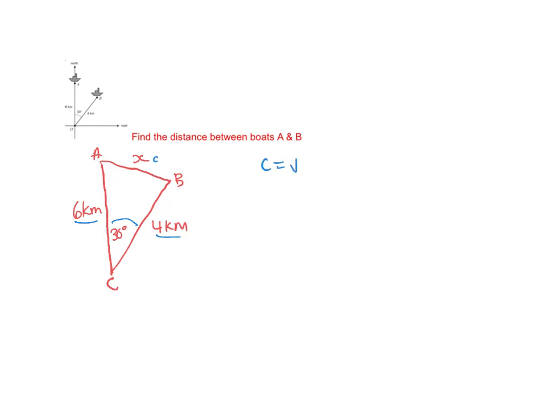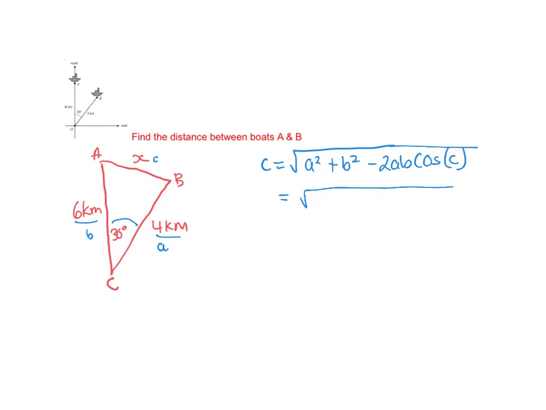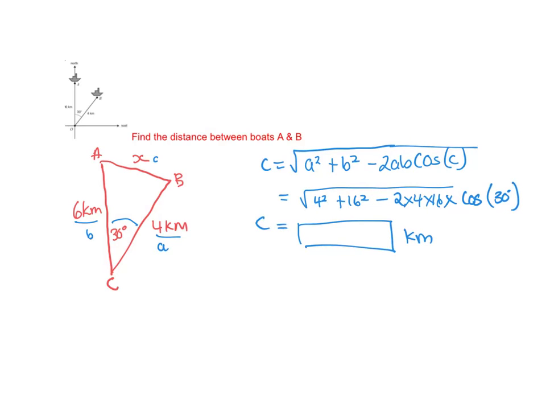So C equals the square root, go back and check your formula if you like, of a squared plus b squared minus 2ab cos C. So if I substitute those values in, this is little a, this little b, so I have 4 squared plus 16 squared minus 2 times 4 times 16 times cos 30 degrees. Okay, and you get your answer, and this will be in kilometers in that one.